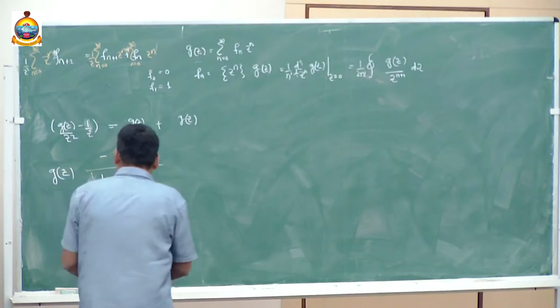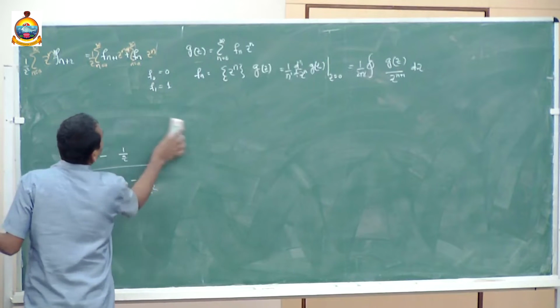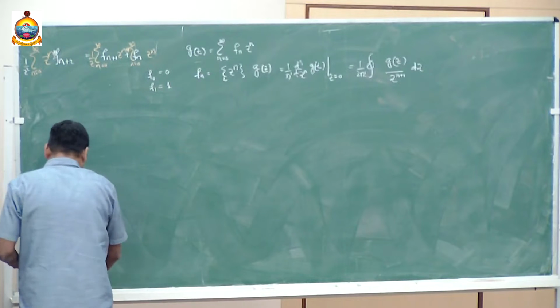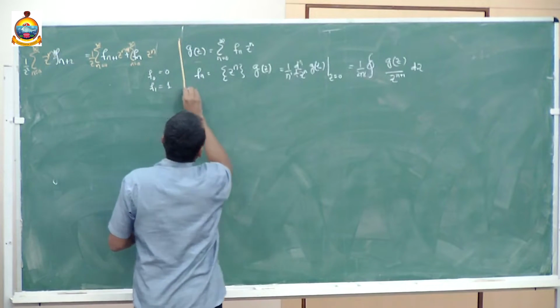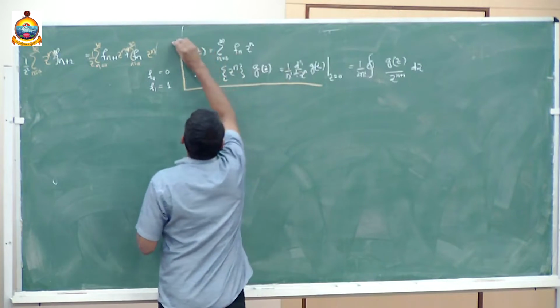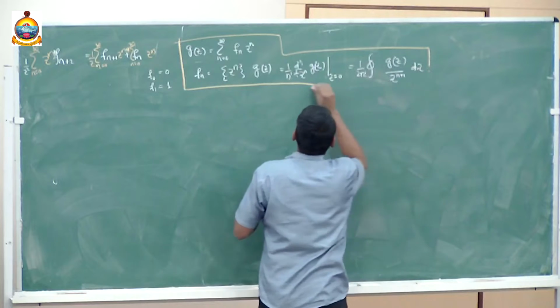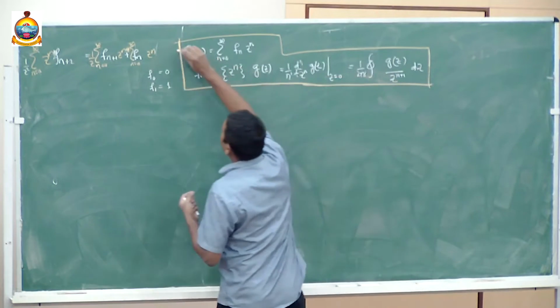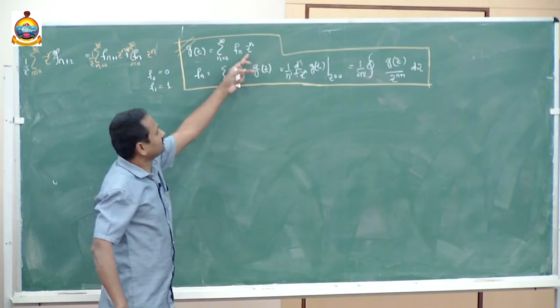This method I will keep in mind, and I will use it in different places. So this is the method. g(z) equal to this. If you want to calculate fn, this is just a mathematical trick, and at this stage it's just math. There is no physics here. z is just some variable.